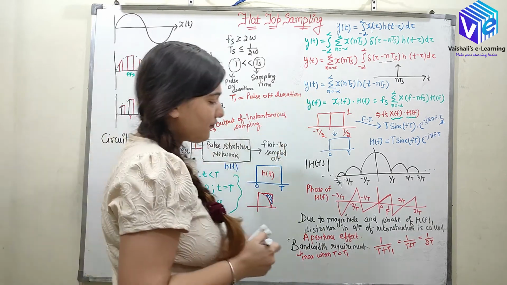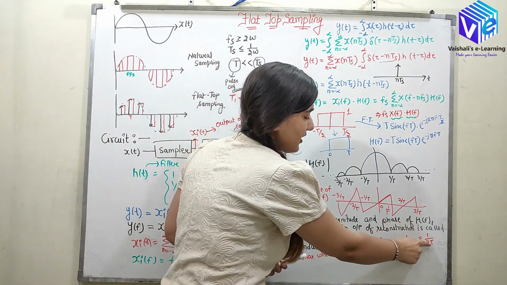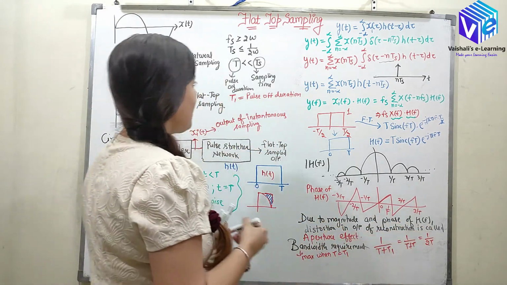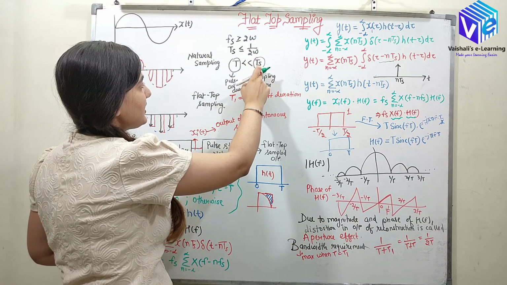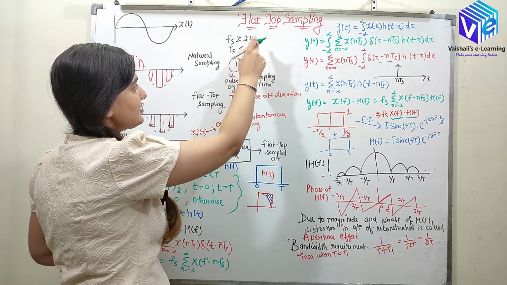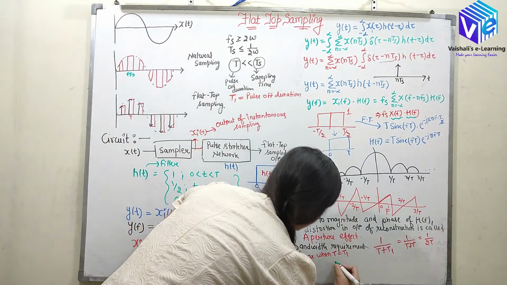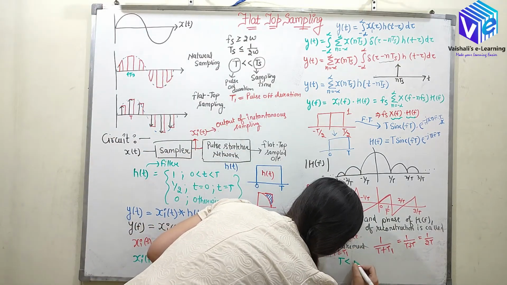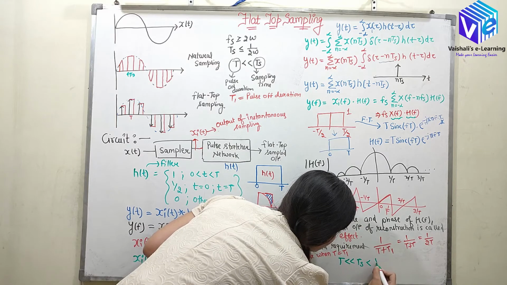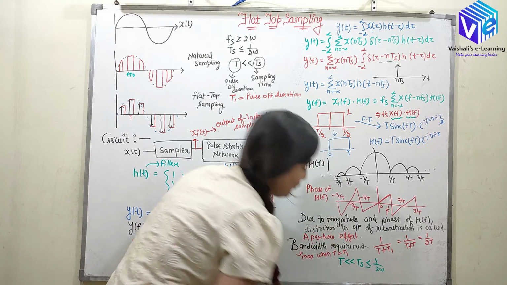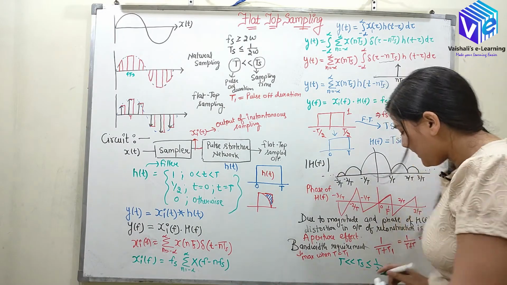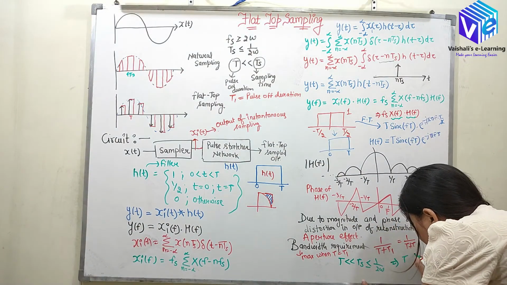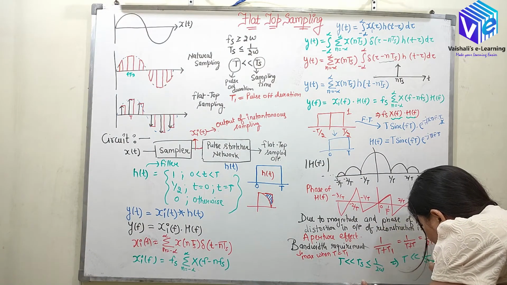So now I need to find out this function 1 upon 2T. So now from here I know that T is very much less than Ts and Ts is less than or equal to 1 upon 2 omega. So if I need to relate T and omega, I can say T is very much less than 1 upon 2 omega.